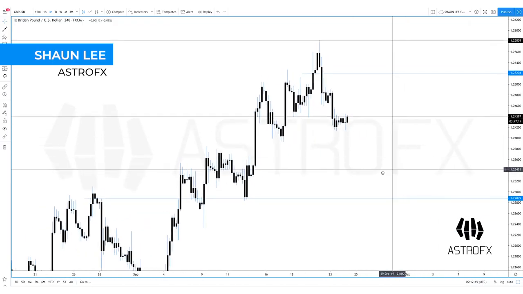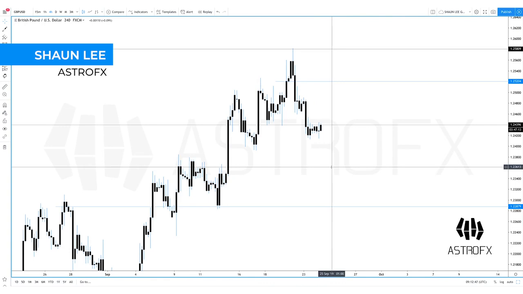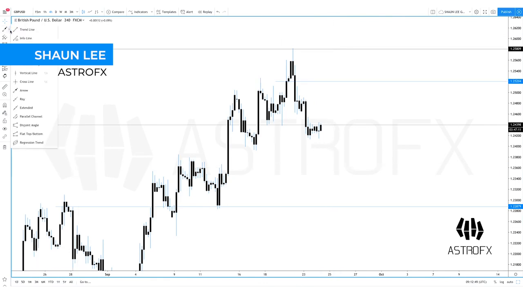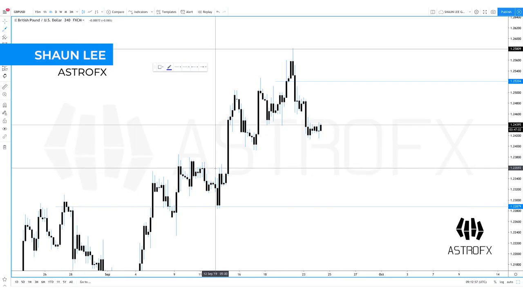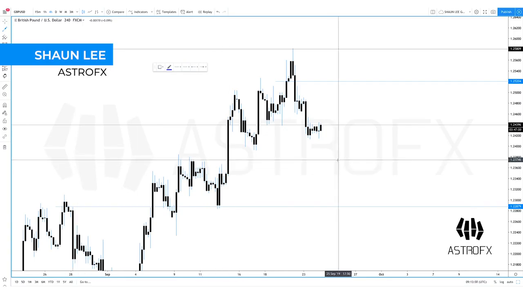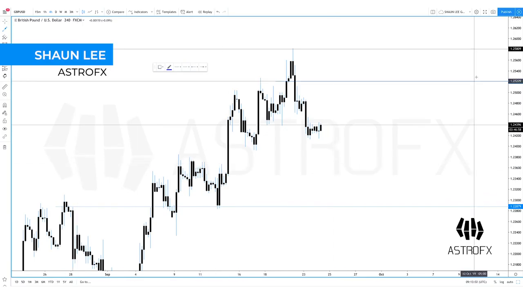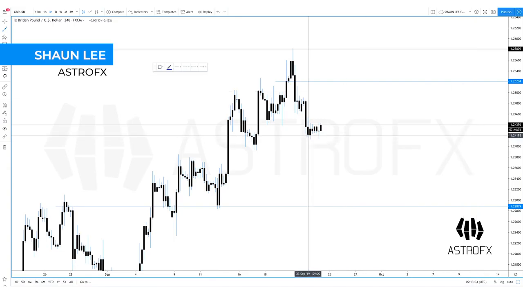Okay, a few vital elements on this chart right now. Get your arrow tool. What I'm doing now is looking for zones in which I see some significance. My eyes are drawn to, okay, let's start with this one because this is blatantly obvious.